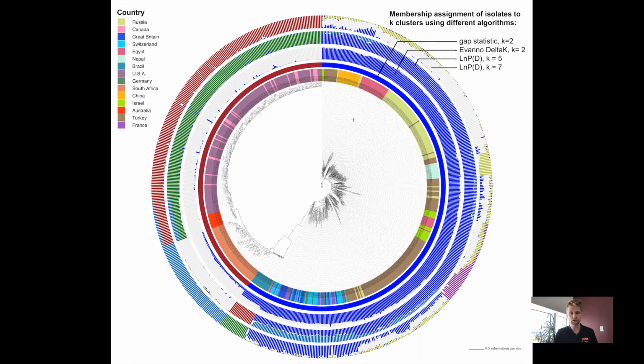We see that the phylogenetic tree is largely concurrent with the structure the algorithms determined.